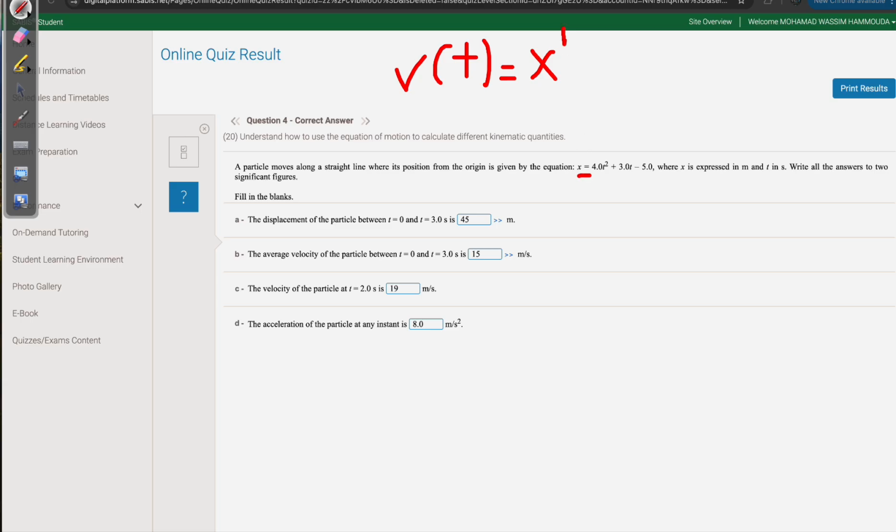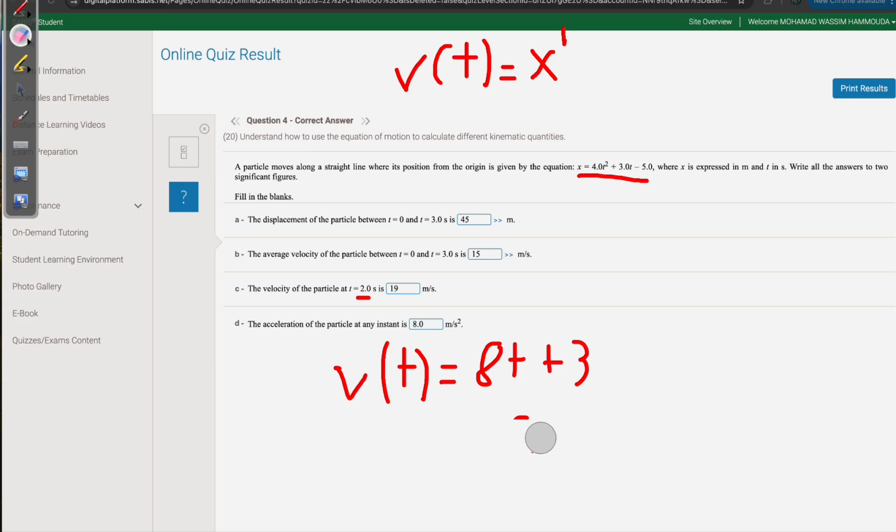So we derive 4t squared plus 3t, which will give us v of t is equal to 8t plus 3. And then we substitute 2 here, which will give us 19.